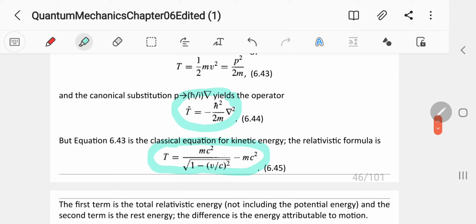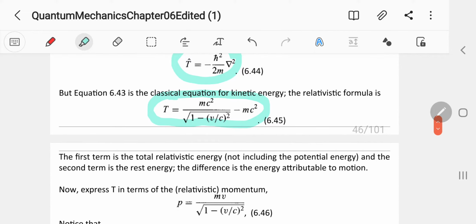So that's equal to mc squared times the relativistic factor gamma, to be subtracted by mc squared. By the way, this is the rest energy of the electron. By the way, the difference, the T here, is the energy that's attributed to the motion.